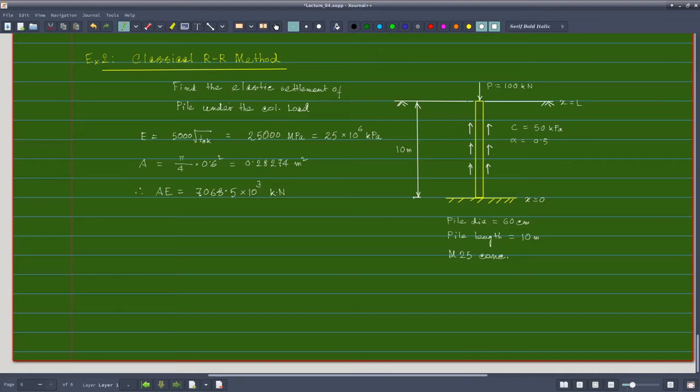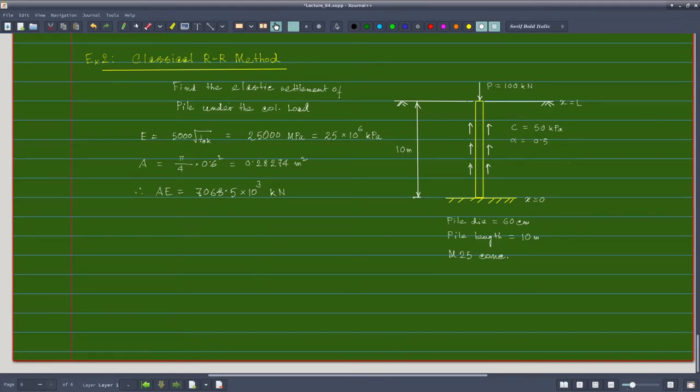Then in Rayleigh-Ritz method we had used this surface traction as load per unit length, right? Load per unit length, because it is a one-dimensional structure. Therefore, this C into alpha I have to multiply by the perimeter of the pile so that I get the surface traction in force per meter unit.